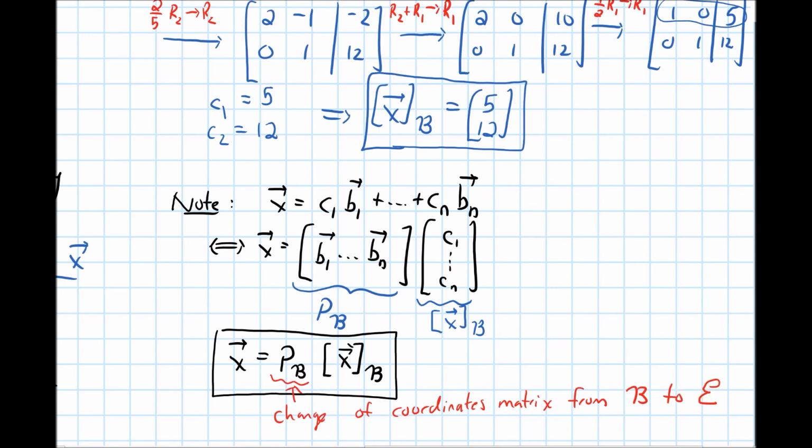And the reason why it's called the change of coordinates matrix from B to E is, notice what it does. It multiplies a coordinate vector, so it multiplies a representation of x in terms of the B coordinates. And what it outputs is the vector x. And that's how I represent my vector in terms of the standard basis. So that's why this changes the coordinates from B to E.